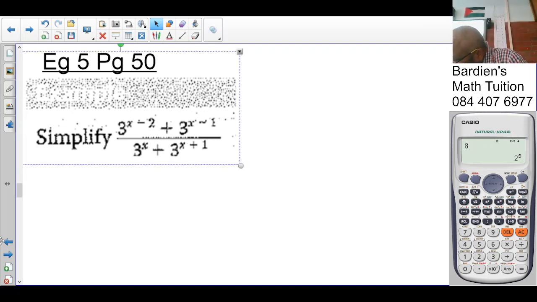So we've got 3 to the x minus 2, plus 3 to the x minus 1, over 3 to the x plus 3 to the x plus 1. Svista, you okay? So what's the first thing we're going to do? Break it up. Okay, so break it up quickly.